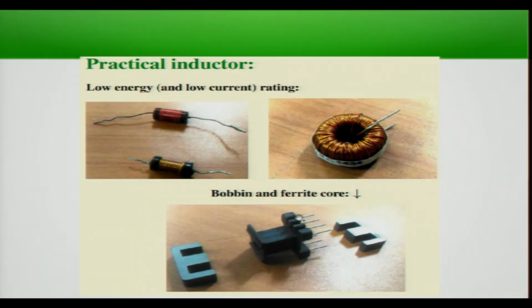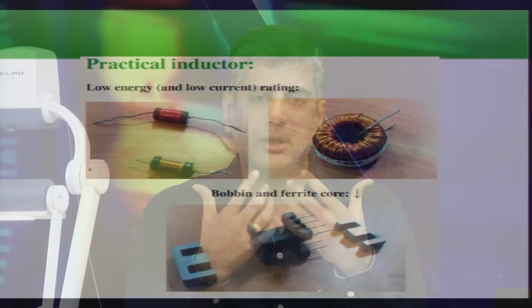A real life inductor, of course, is usually a wire wound on a bobbin, and you have what is known as a ferromagnetic core. The reason why you use a ferromagnetic core, of course, is that the amount of magnetic flux density for a given amount of current can be much higher in a ferromagnetic material, because the relative permeability is very high.